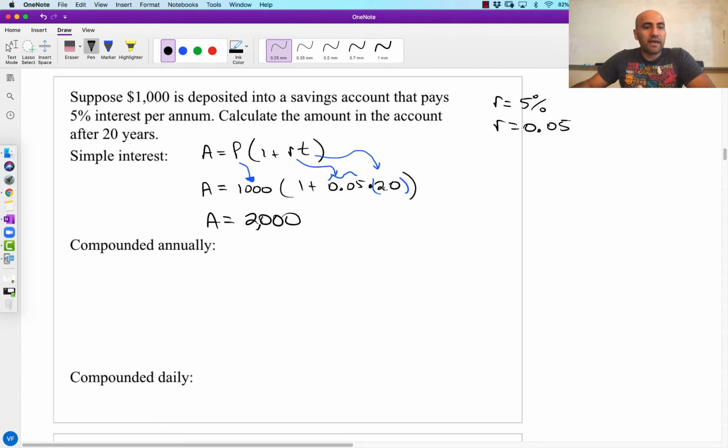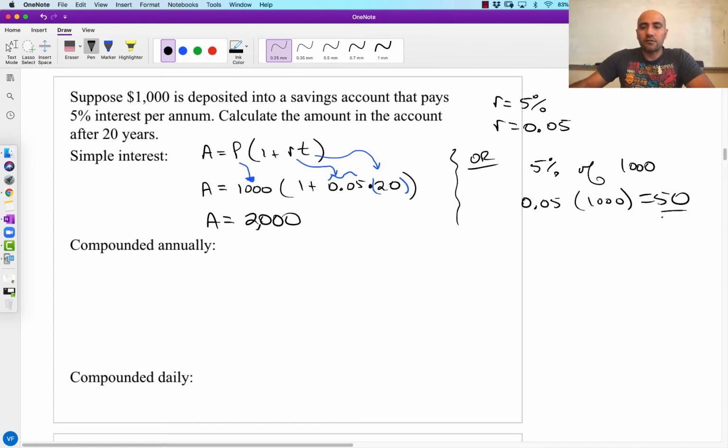Simple interest means that we just get 5% of the 1,000 every year for 20 years. And note, this is following the formula, or we could say 5% of 1,000, that's 0.05 multiplied by 1,000, which equals $50.